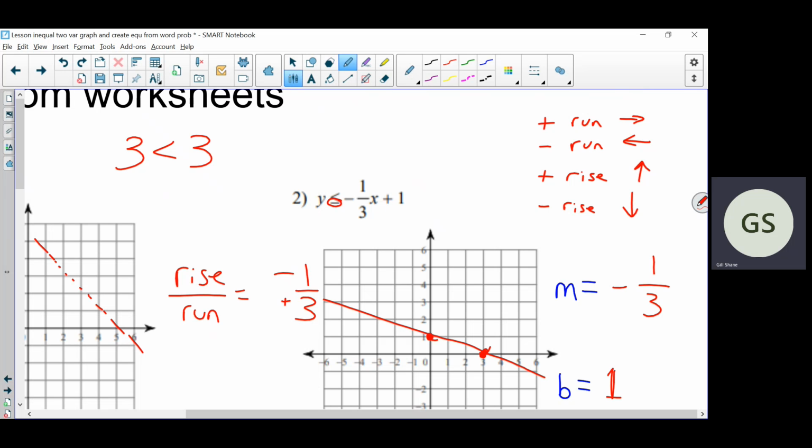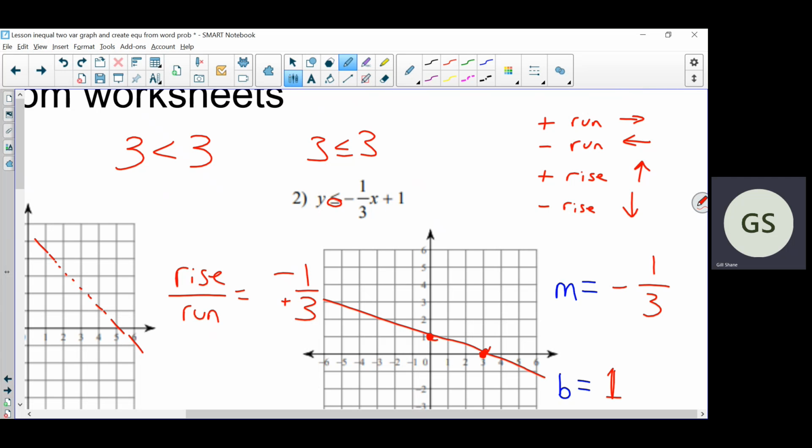Well, no, it's a dashed line because now those points, even though they make the left side equal to the right side, that's not a solution anymore, right? Because 3 is not less than 3. So now the left and right side will always be the same. But the difference is this is a solution because of the equal.